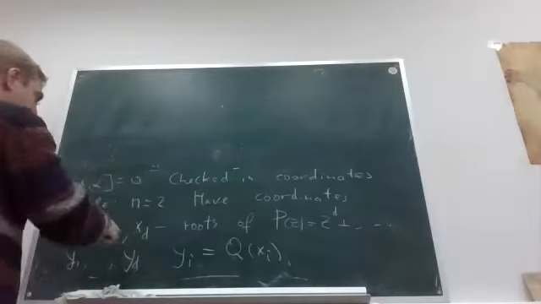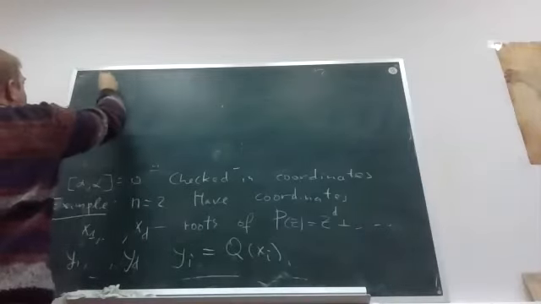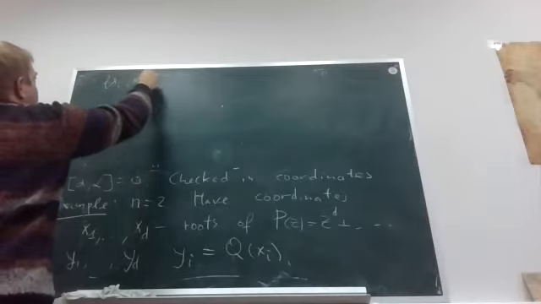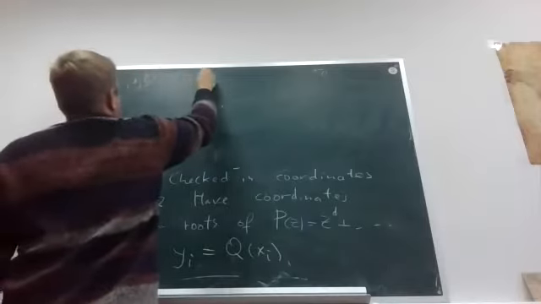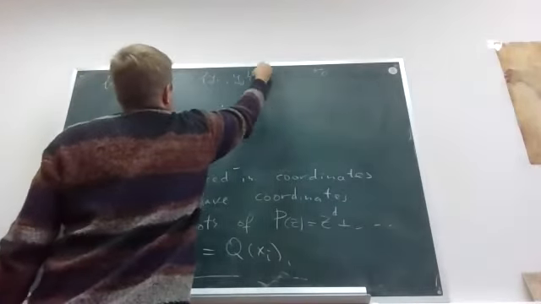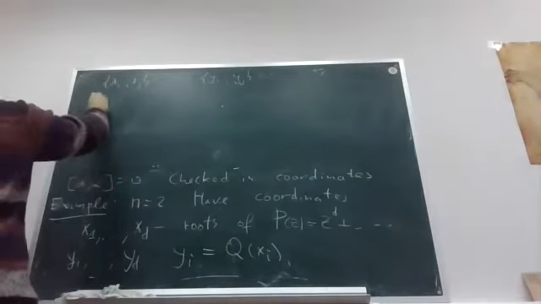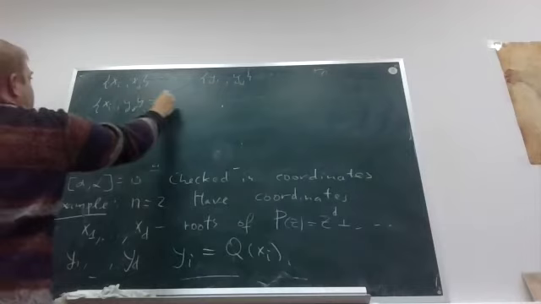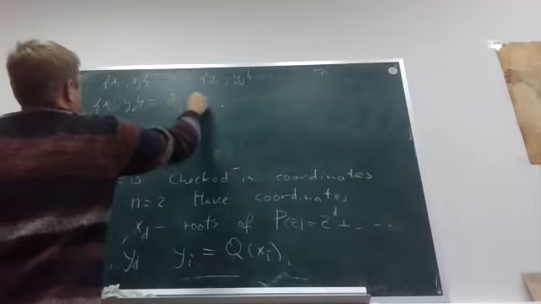And in this case, one has {x_i, x_j} is 0 and {y_i, y_j} is 0 also. Well, {x_i, y_j} is delta_ij y_j.